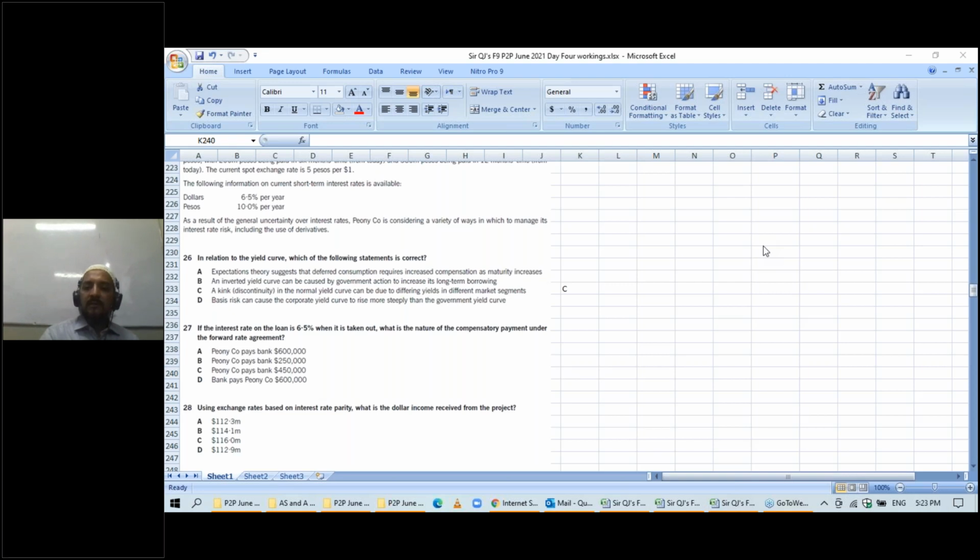Normal yield curve means, see, this is a normal yield curve, which I showed you a few minutes ago. Now on the y-axis there are percentages of interest, right? And over here there is borrowing time.